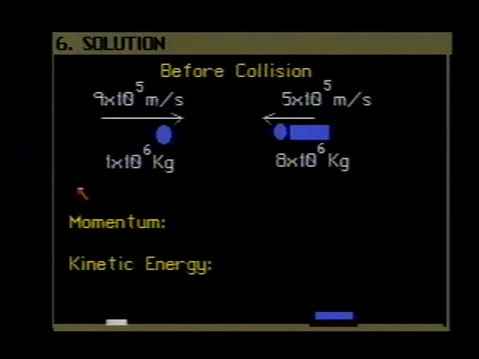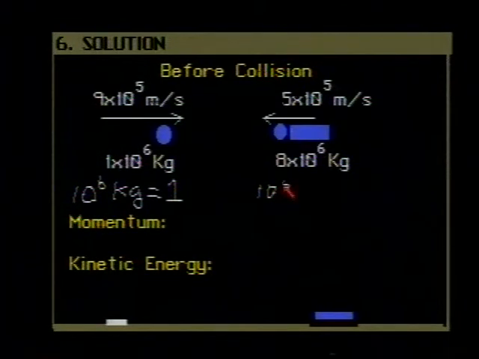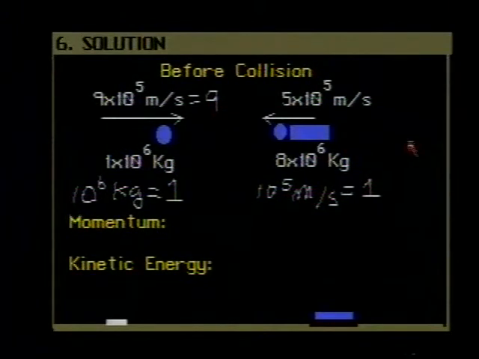For the time being, we will simply let 10^6 kilograms equal 1 unit of mass, and 10^5 meters per second equal 1 unit of speed. 9 times 10^5 meters per second becomes simply 9 units of speed, and 5 times 10^5 meters per second, 5 units of speed. 1 times 10^6 kilograms is just 1 unit of mass, and 8 times 10^6 kilograms, 8 units of mass.